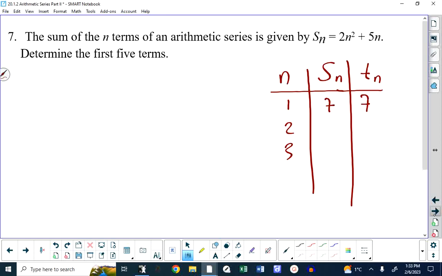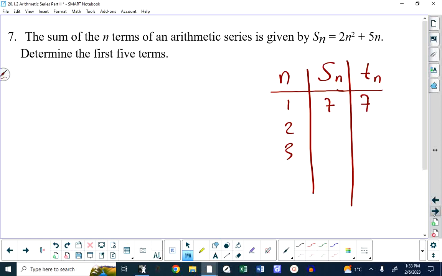Because if Sn is the total of terms up to n and there's only one term, then the first term must be 7. If I gave you the first term and said it's 7, what's the total of the first term? The answer is 7. We know the first term.